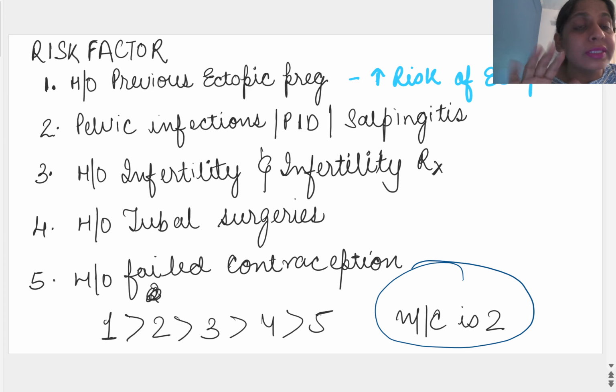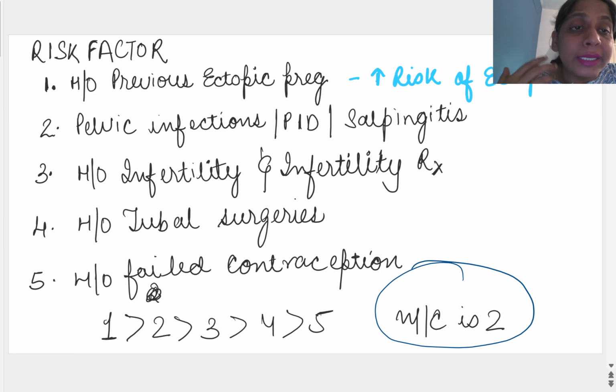And number five is a history of failed contraception. Whenever there is contraception failure, we have to rule out whether or not it is an ectopic. But I have put this history of failed contraception last. Why is it so?